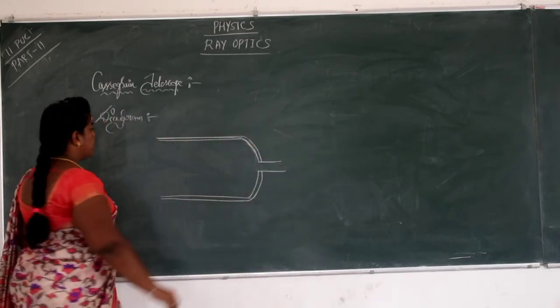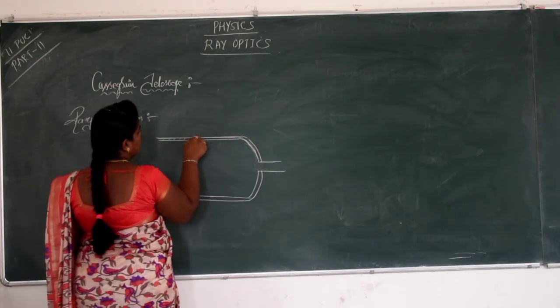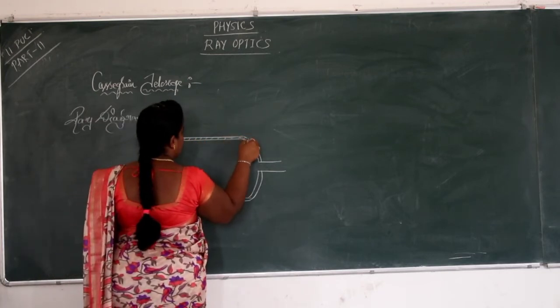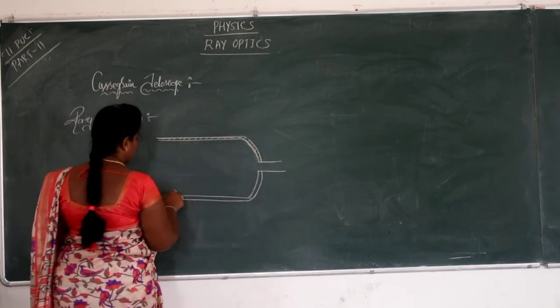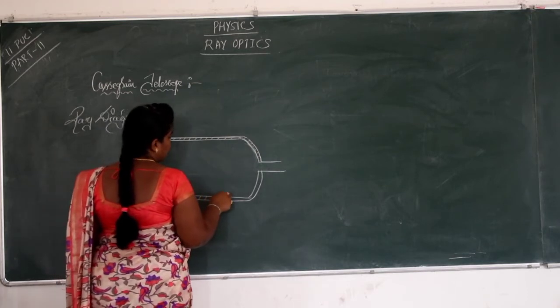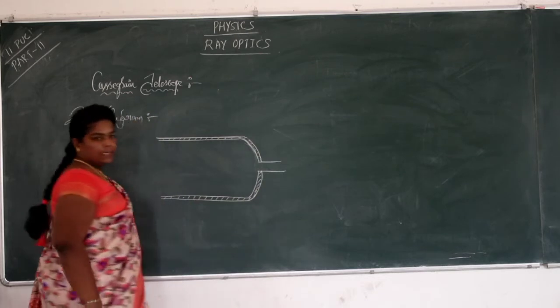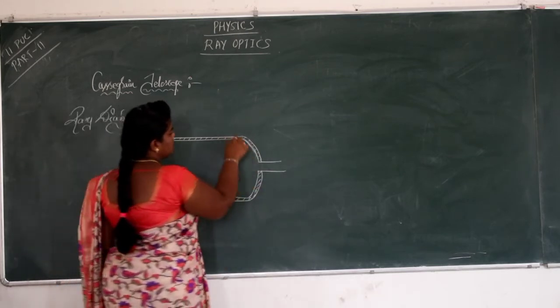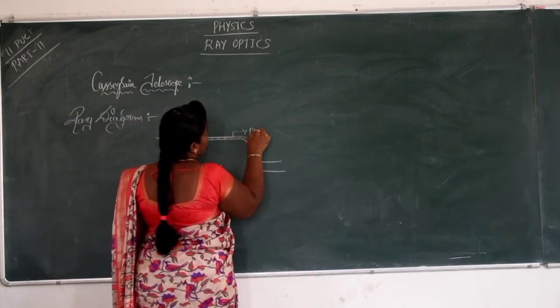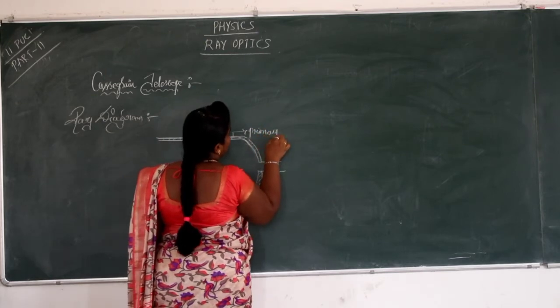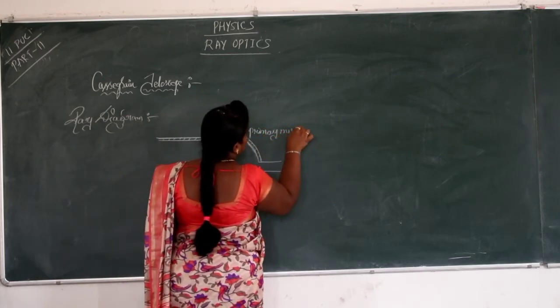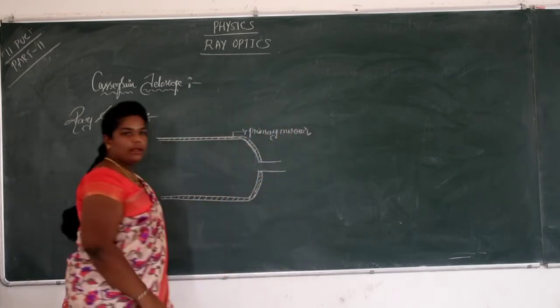This hollow tube shaped concave mirror has a pinhole exactly at the midpoint. This mirror is called the primary mirror.